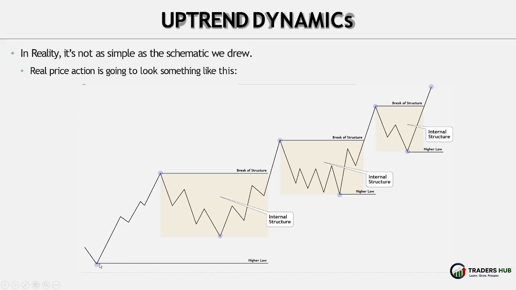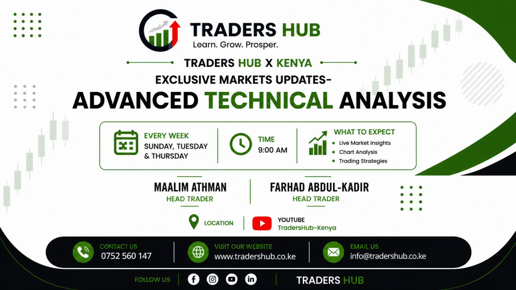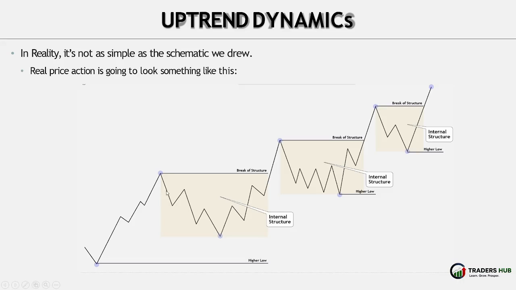Identify this higher low and higher high, and we are only looking for this structure to at least retrace to around 50% or 61%, and that's how we find a cheaper price to involve ourselves as buyers.